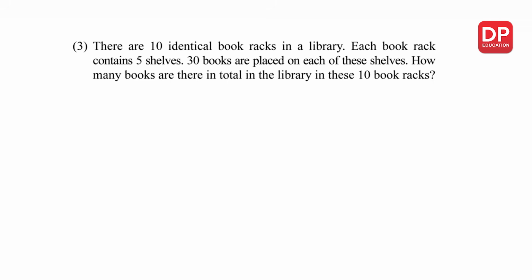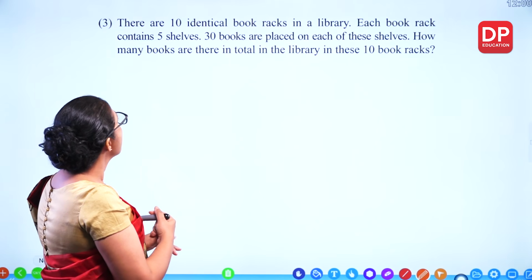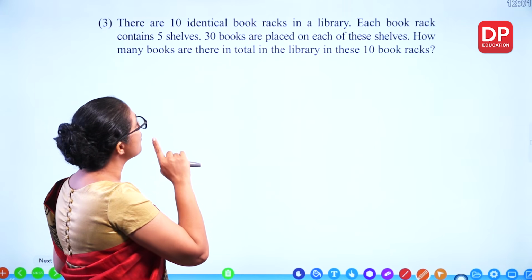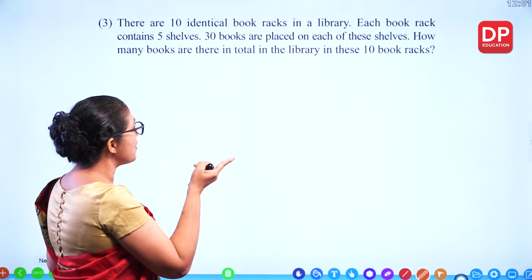Question number 3. There are 10 identical book racks in a library. Each book rack contains 5 shelves. 30 books are placed on each of these shelves. How many books are there in total in the library in these 10 book racks? So you need to read it carefully. 10 identical book racks in a library.